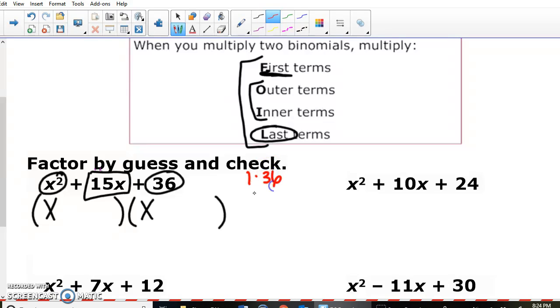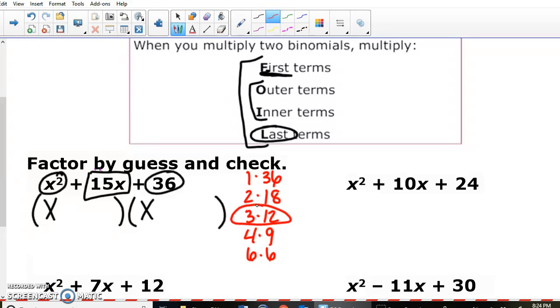So I know 1 times 36, 2 times 18, 3 times 12, 4 times 9, and 6 times 6. Those all work to multiply to give me 36. However, I need to think, which ones of these will also add to give me 15? And when I do that, this becomes my answer.